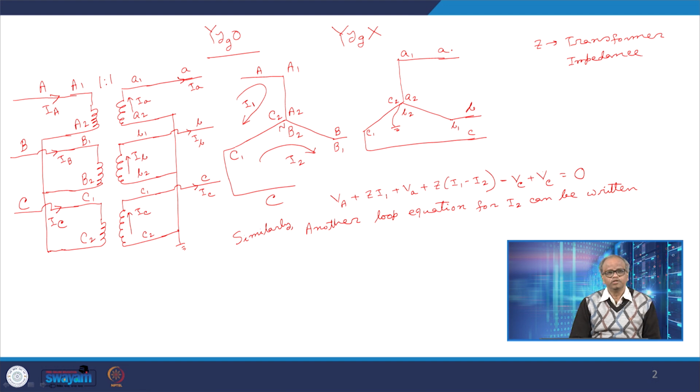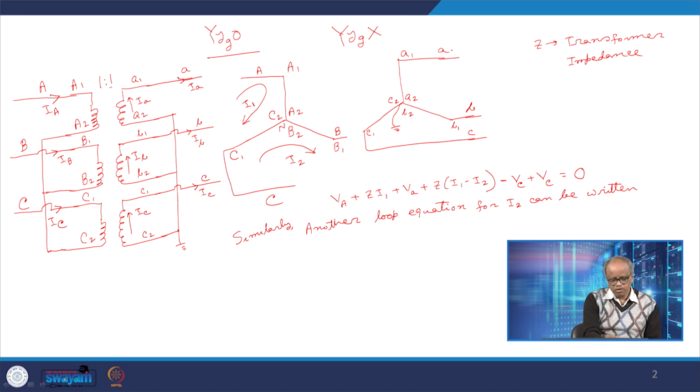In the case of YD1, we took the voltage from here as the reflected voltage, but because it was a transformer connection of 1 is to root 3, this voltage was divided by root 3 at this side.